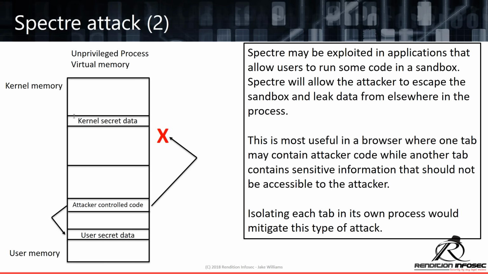And if you isolate each tab in its own process, this would actually help mitigate this attack to some extent, right? So for instance, if I've got my bank stuff open in one tab, and I go to some shady website in another tab, or I get an advertisement in another tab, I don't want tab A to be able to read from tab B. Isolating tabs, and we'll talk about that in a few minutes, will actually help mitigate in this scenario.